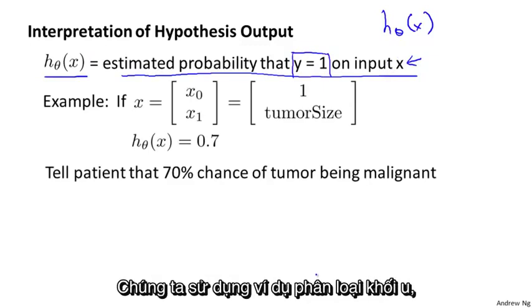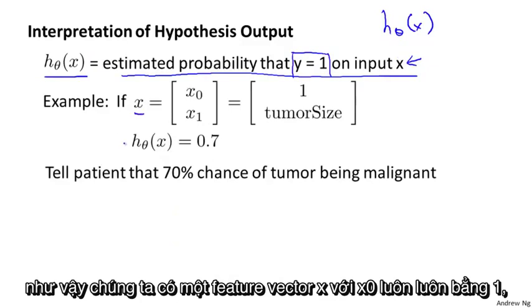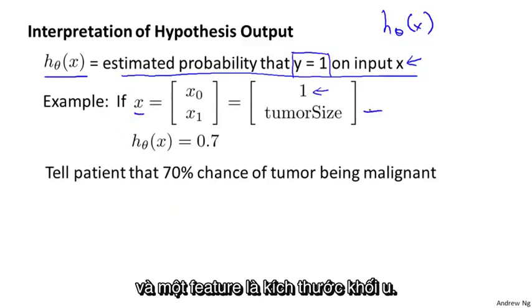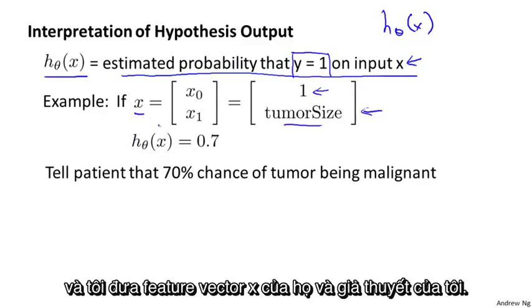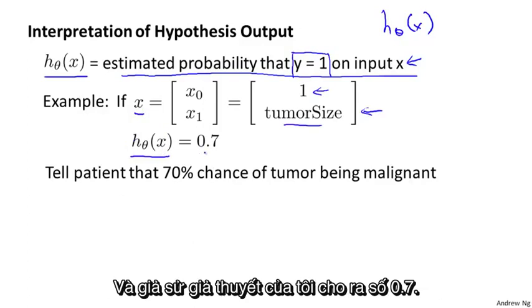Let's say we're using the tumor classification example. So we may have a feature vector x, which is x0 equals 1 as always, and then our one feature is the size of the tumor. Suppose I have a patient come in and they have some tumor size, and I feed their feature vector x into my hypothesis, and suppose my hypothesis outputs the number 0.7.